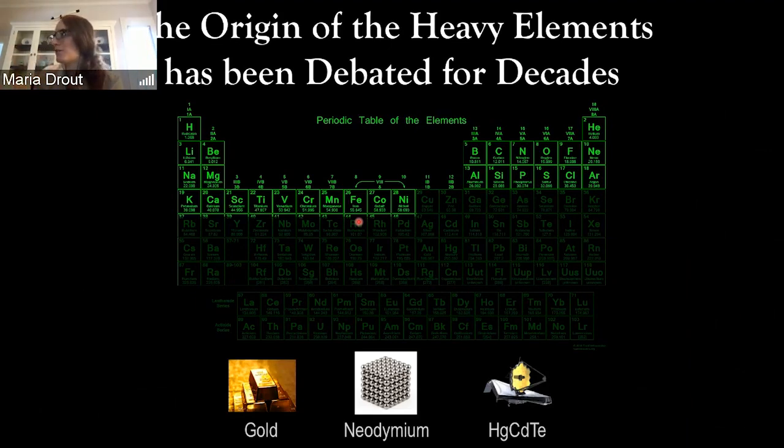If you take 2 hydrogens into helium, you get energy out. But once you get up to iron, that is no longer true. It would take energy to fuse together heavier elements. So we actually need a different physical process than standard fusion to get up to a majority of the elements in the second half of the periodic table.